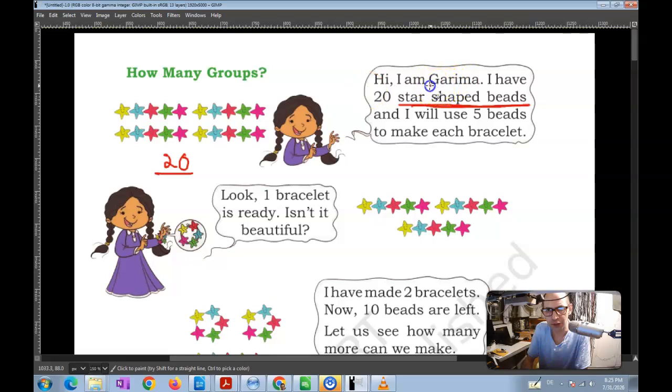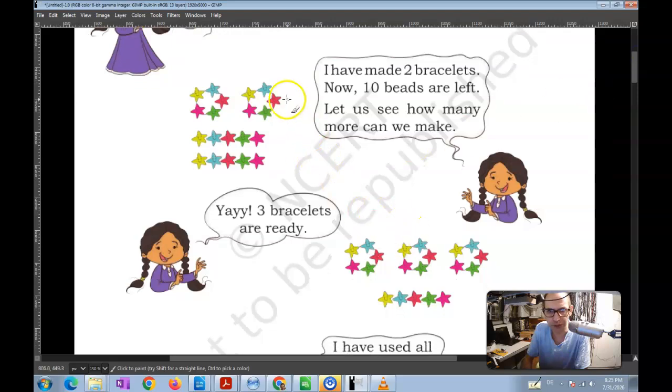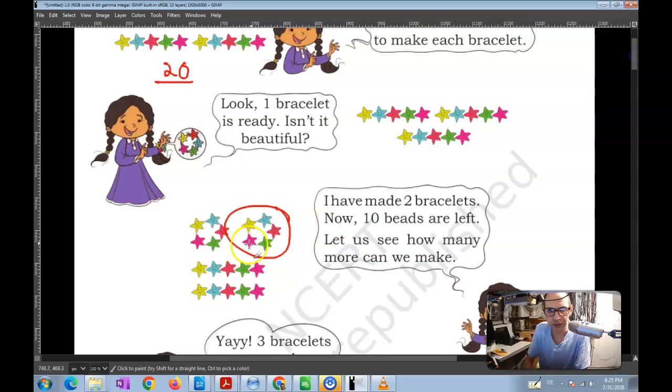And Garima wants to make bracelets. Each bracelet is going to get 5 stars, meaning that with a fewer number of stars, the bracelet is not going to be complete.